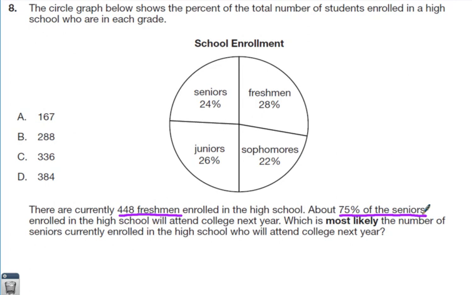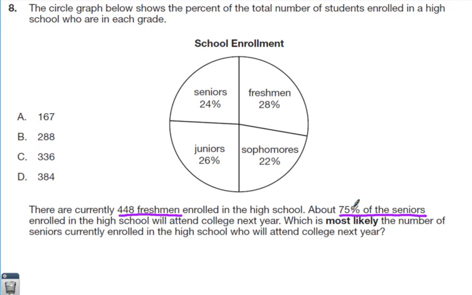They ask which is most likely the number of seniors who will attend college. So essentially the 75% is going to be applied to the actual number of seniors.